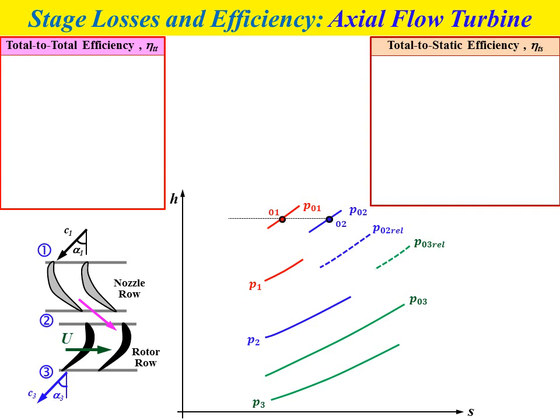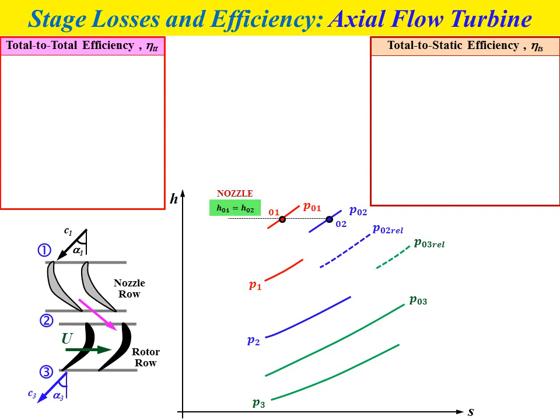From the previous slide, we already learned the relationship in terms of enthalpy for the nozzle: H01 equals H02. That is why points 01 and 02 in this HS diagram have the same value and are located on the same horizontal line.